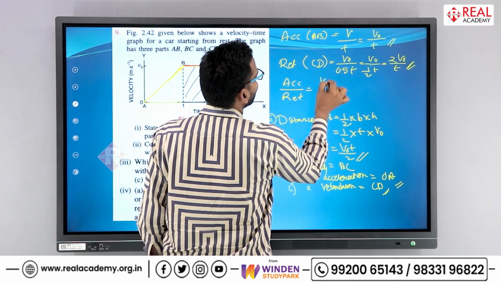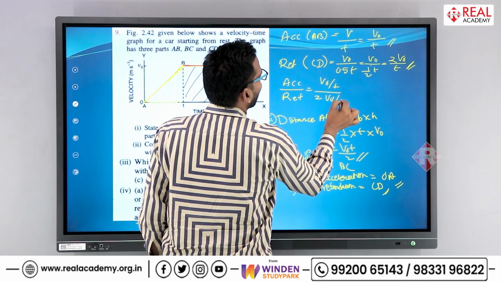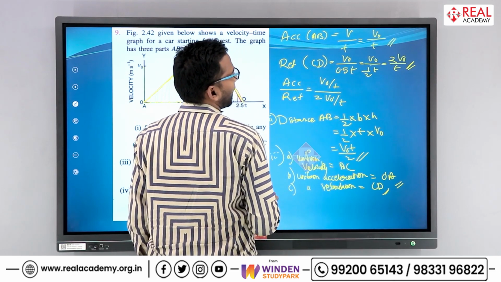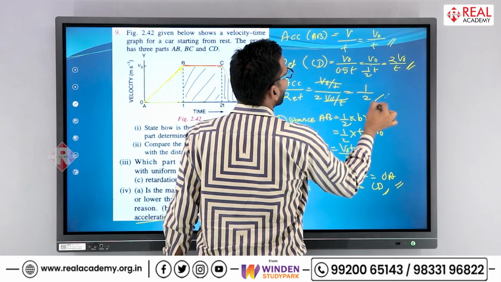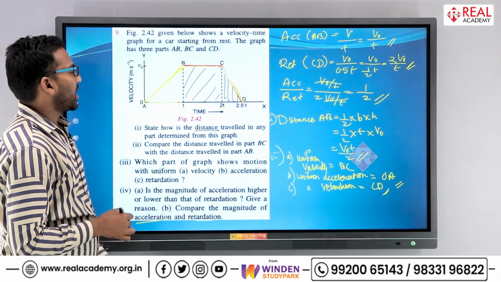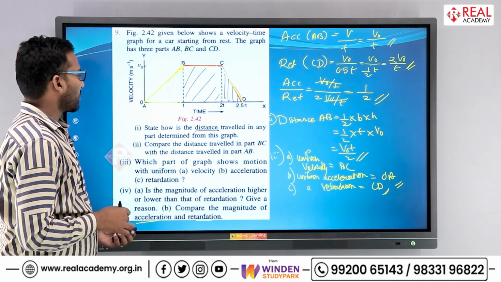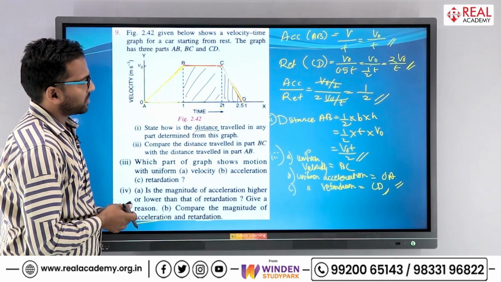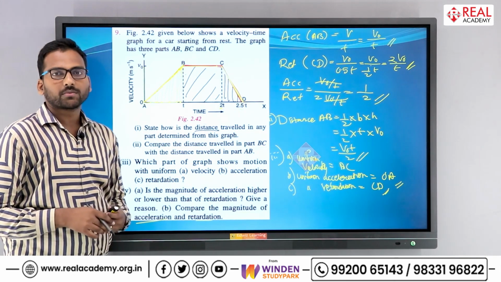If I take the ratio of acceleration to retardation, then V naught t will get cancelled, 1:2. Right? So 1:2 means retardation is twice of acceleration. Okay, retardation is twice of acceleration, right? Okay. Done with all the questions?